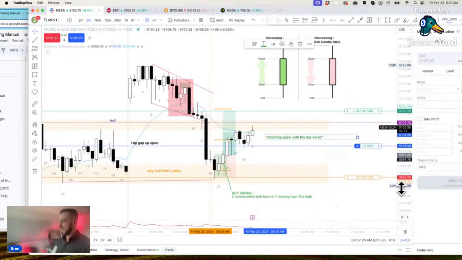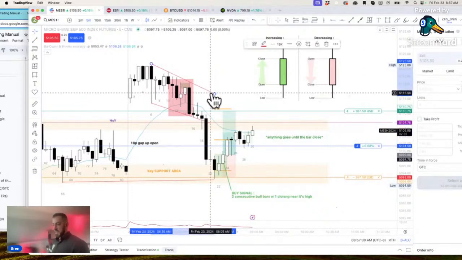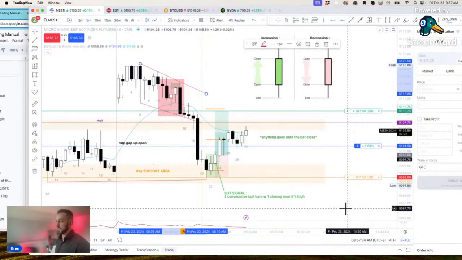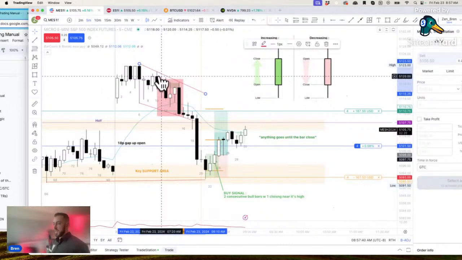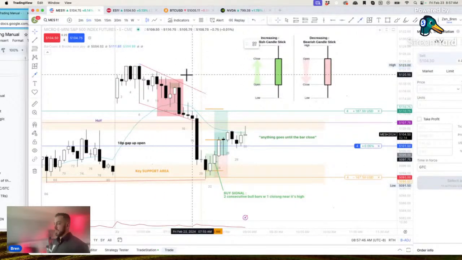Okay, so Lisa's asking about the slanted red lines. So this I drew in the beginning of the morning. You're talking about these up here, right, Lisa? These are channel lines. So you connect the lower highs, right? First lower high was here.